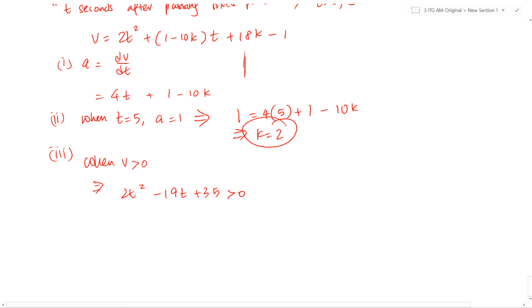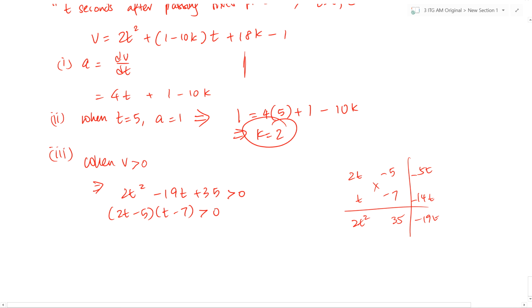This must be greater than 0. So for this, we need to factorize. So 2t minus 5, t minus 7, greater than 0.